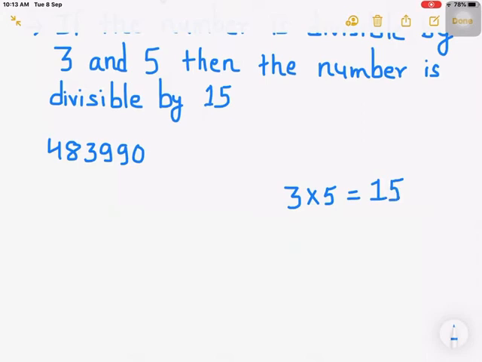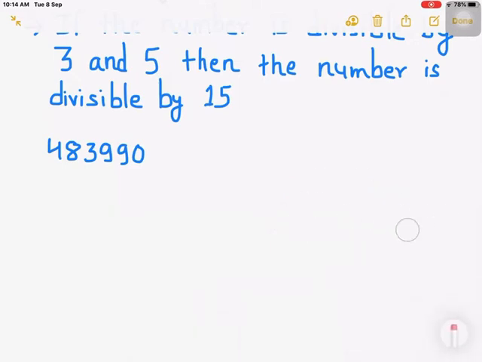Yes, it helps you to remember the rule. That is why I am saying so. So the conditions are, if the number is divisible by 3 and 5, then the number is divisible by 15. Understood, everyone? For this, you have to know the divisibility rule for 3 and 5, isn't it?